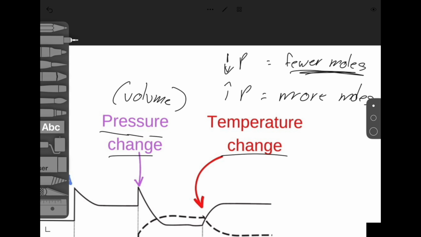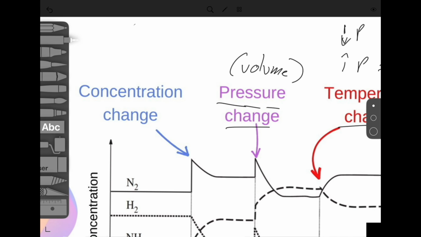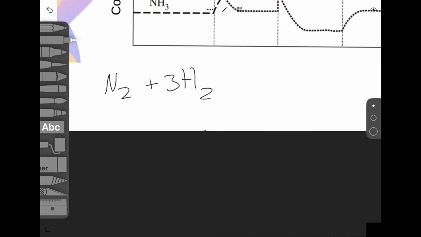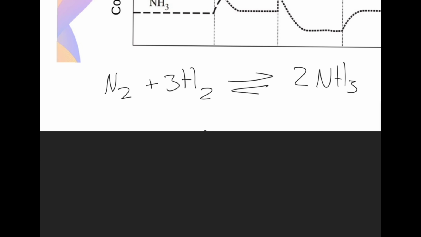However, another thing to keep in mind is that volume will only apply if there is a gas present in your equation or equilibrium. For example, for this one, your equation would be this.